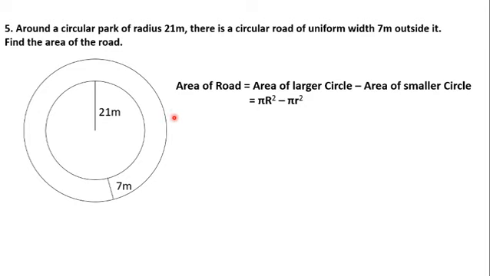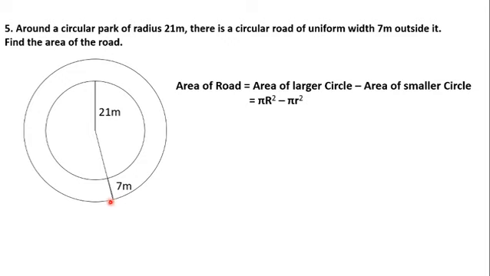Okay, and next thing we have to do is to find the radius of the big circle or the larger circle. Now we have a 7-meter space right here, but that's not from the center of the circle. If we draw straight down from the center of the circle, which will form the radius, you remember that radius is any line from the center to one part of the circumference. So this will form the radius of this large circle.